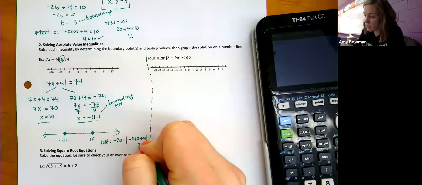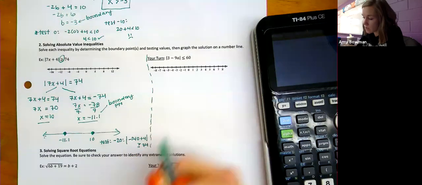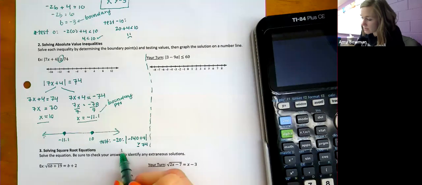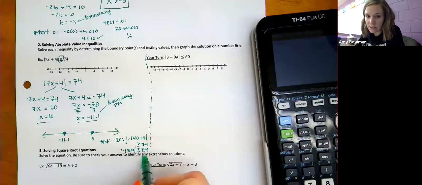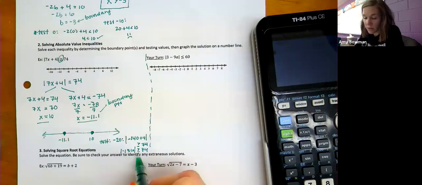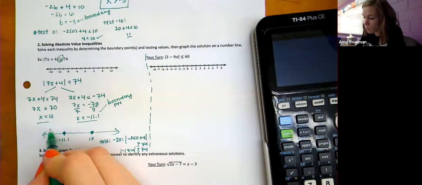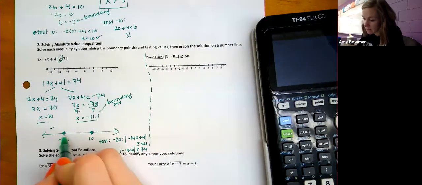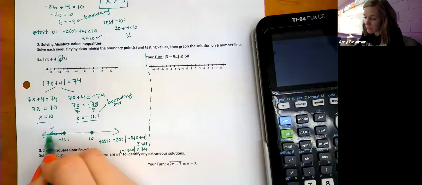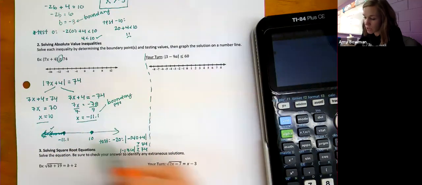Is that greater than or equal to 74? So negative 140 plus 4 is negative 136. Is the absolute value of negative 136 greater than or equal to 74? And that's a definite yes. This absolute value is 136, which is larger. So that worked. So a value less than negative 11 made my inequality true. So less than negative 11 is part of my solution. So I'm just shading that in.